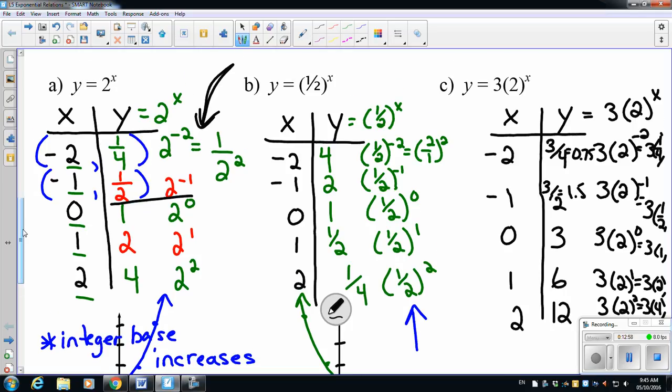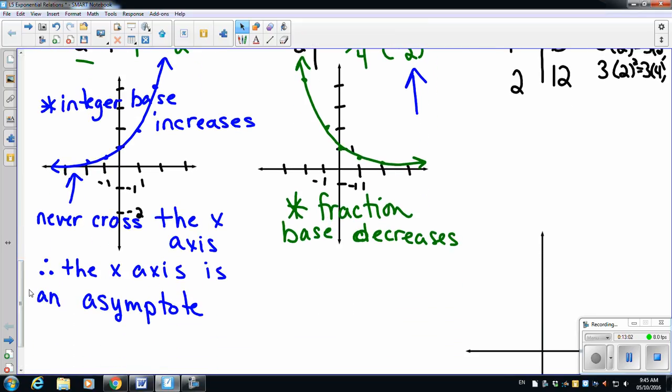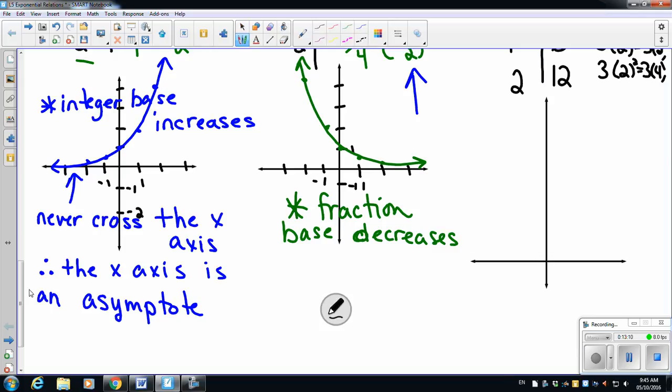So when I go to graph this one, I'm going to need much higher numbers on my y-axis because my y numbers go up to 12. So 1, 2, 3. I do not need to use the same scale on both axes. So 2, 4, 6, 8, 10, and 12.